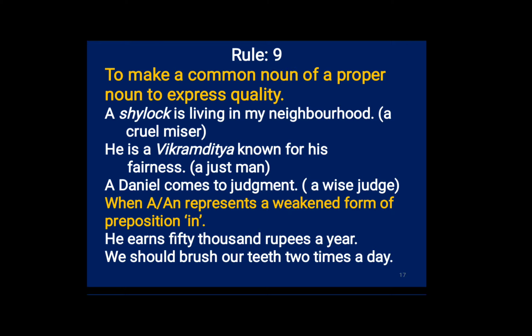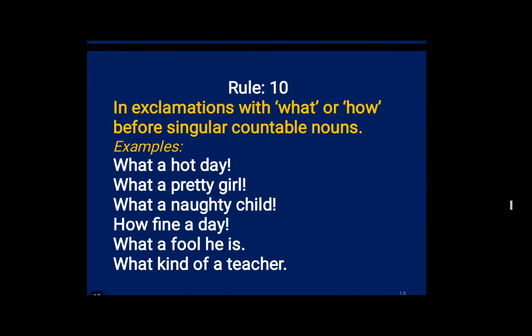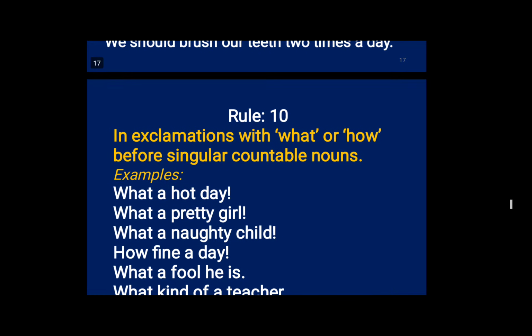Then, we should brush our teeth 2 times a day. A day represents a weakened form of the preposition in. Instead of using in a day, we are using the indefinite article a. That is rule number 9.